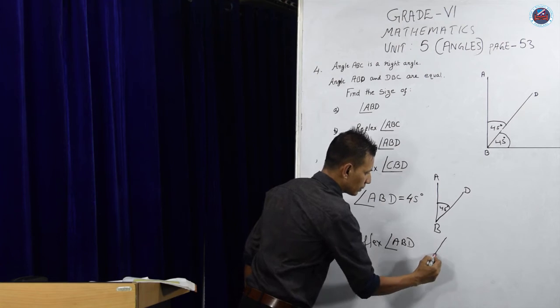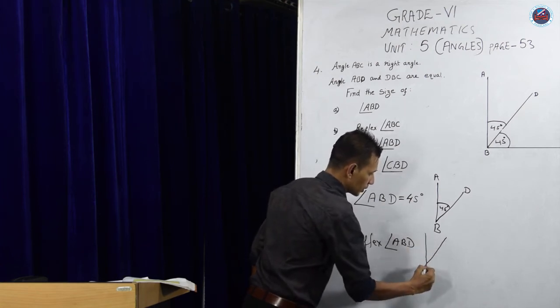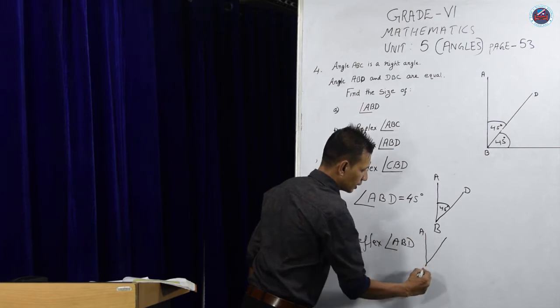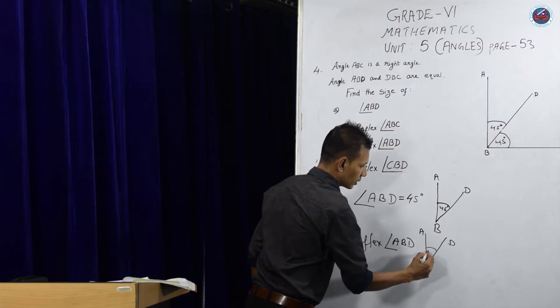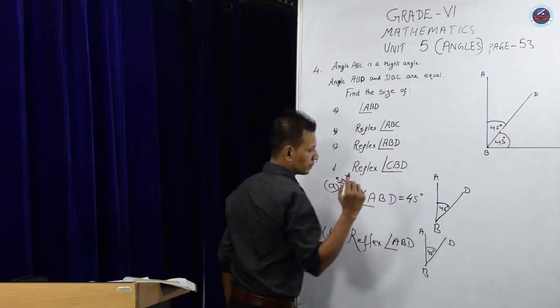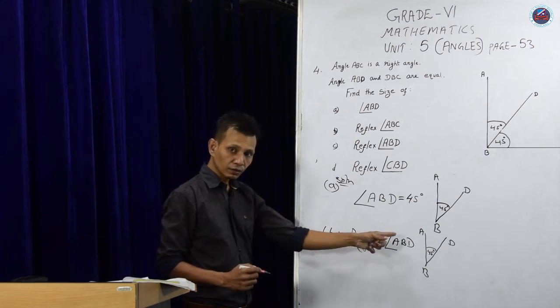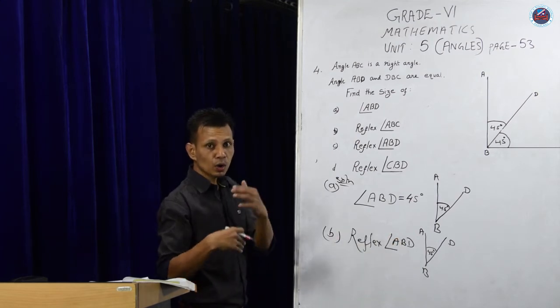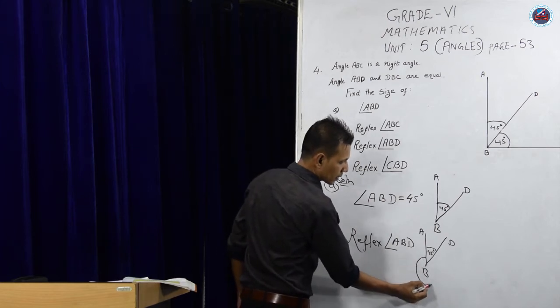I'll draw one more time. Do you agree? A, B, D. I have 45. This is my ABD. Now I have to find the reflex of ABD. Reflex means more than 180 degrees. That means these are reflex.